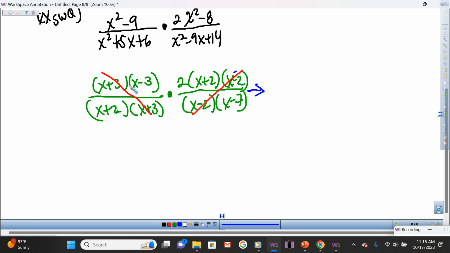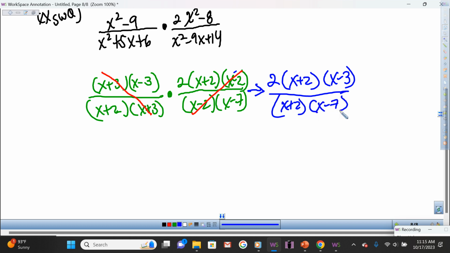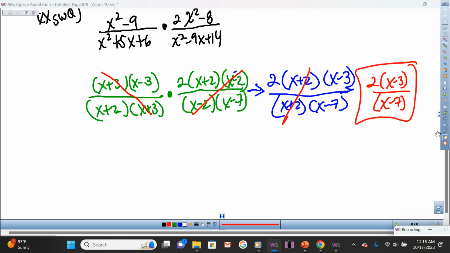What do I have left on the numerator? 2. What else? X plus 2. What else? X minus 3. X plus 2, x minus 7, and we identify any giant ones again, and we're left with 2 times x minus 3 over x minus 7. Did we get the same thing?